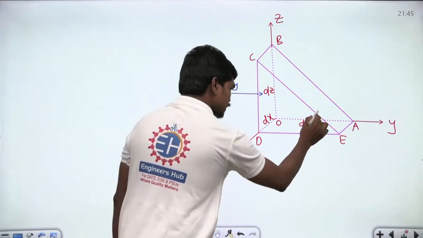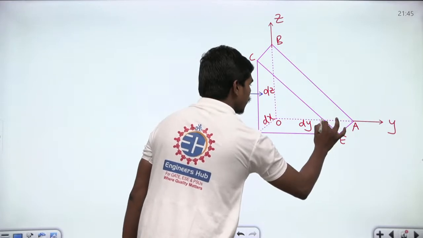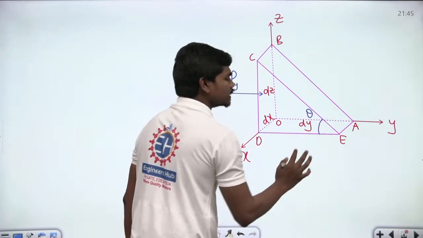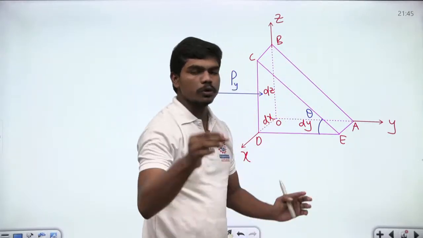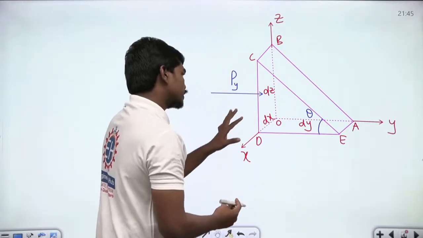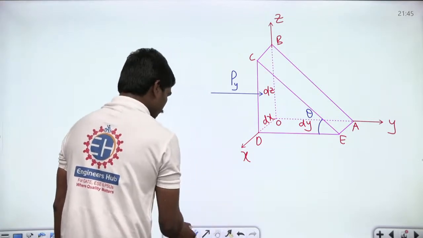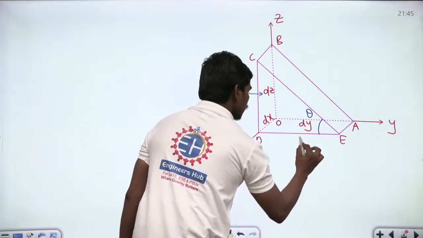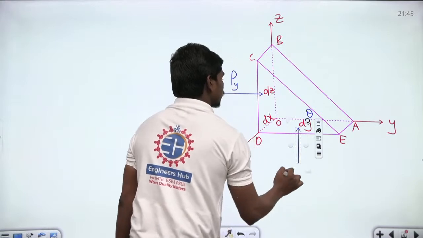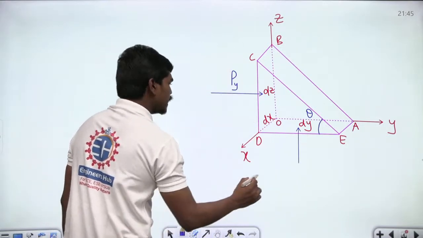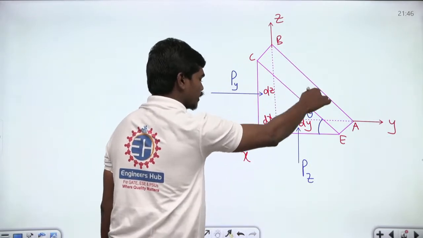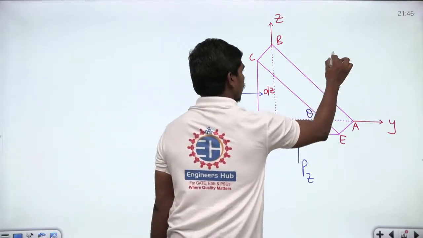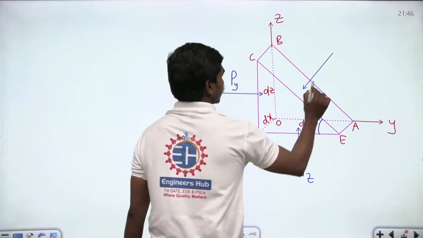Next, let us suppose this angle is theta, some arbitrary angle. This theta is arbitrary because I want to show you that at any orientation the pressure is the same. On the bottom plane, let us suppose this is the pressure acting, in the direction of z. This is Pz, and the normal force acting on this inclined plane of the fluid is Pn.